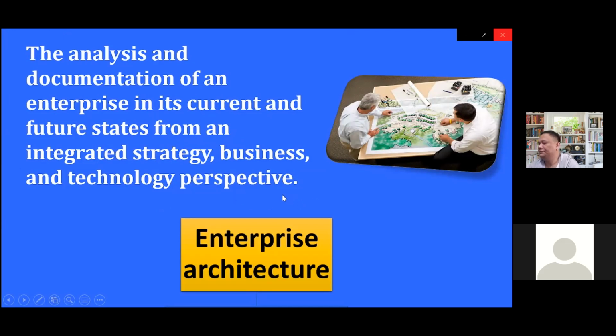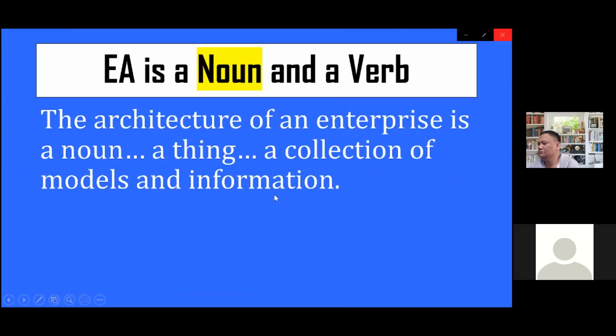We'll know more about this by defining enterprise architecture in 2 ways. We can define EA in terms of being a noun and being a verb. As a noun, the architecture of an enterprise is a thing, a collection of models and information.